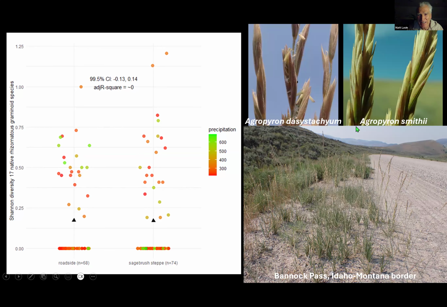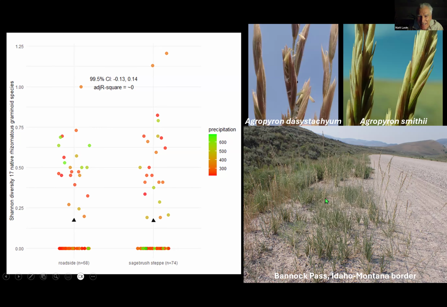I call them Agropyron dasystachyum and Agropyron smithii, dasystachyum with the hairy spikelets with hairy lemmas, and smithii with the glabrous lemmas. Two very similar native rhizomatous grasses that are not that common.